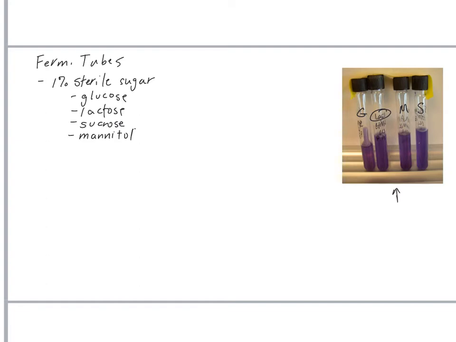Okay, we also need pH indicator in there. As I said before, we're looking for acidic end products as evidence that the organism has fermented the sugar. Okay, and this indicator we're going to be using is called bromcresol purple.